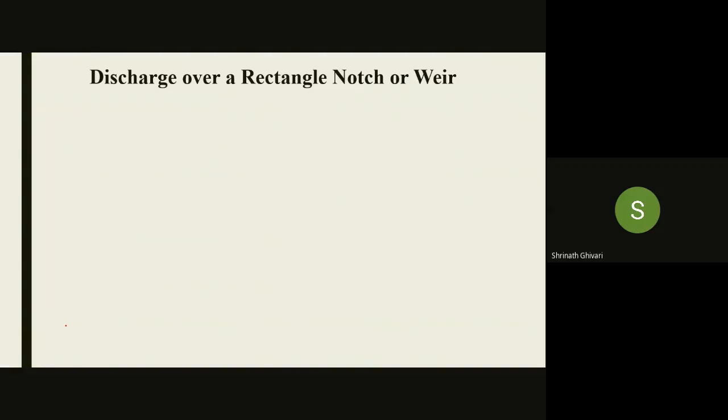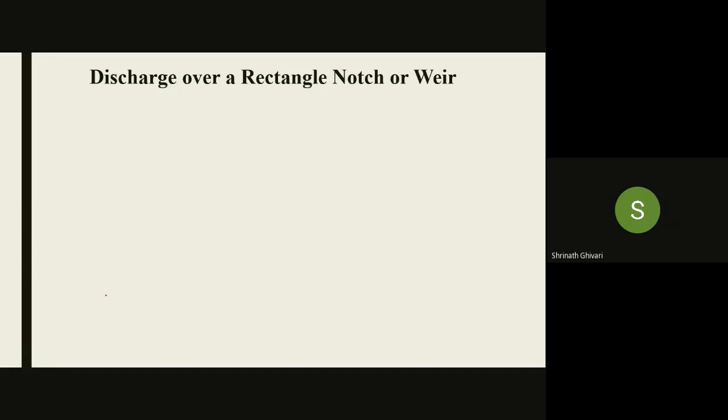Now we'll be going with the first derivation, that is discharge over a rectangular notch. So a rectangular notch will be like this. We'll be deriving the equation through which we can measure the discharge over a rectangular notch or a weir.